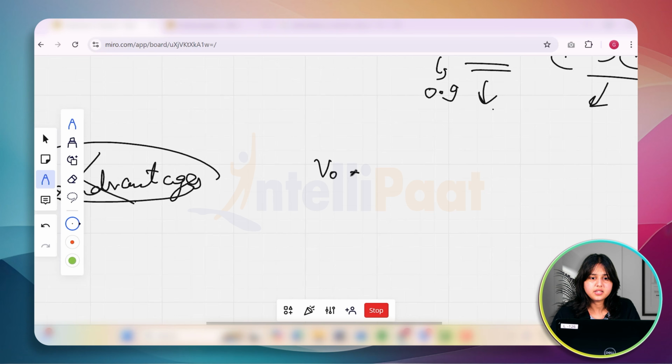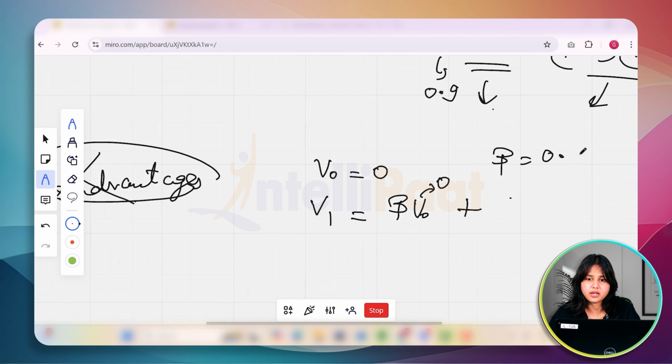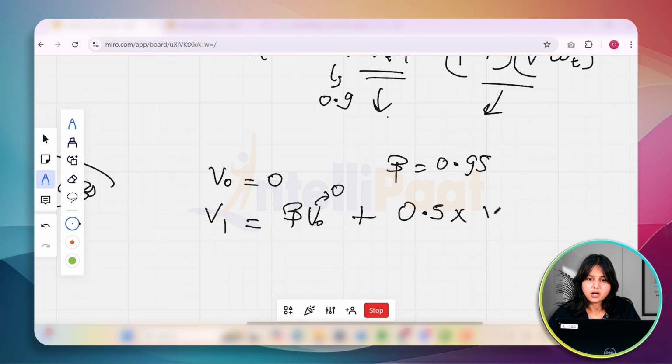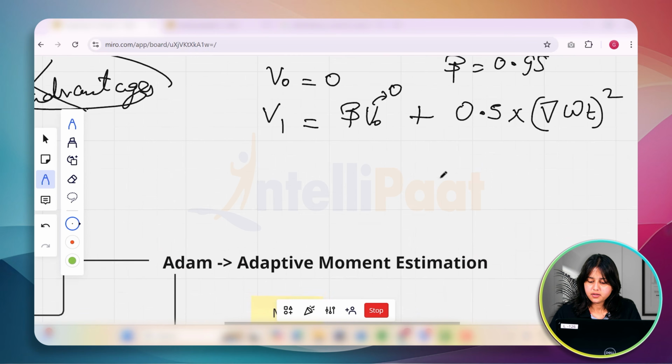Let's say we have our V0 equal to 0. In order to calculate V1, we're going to multiply beta with our V0, which is going to turn out to be 0, right? And then let's say our beta is 0.95. So 1 minus beta would be 0.05 into our loss gradient square, right?